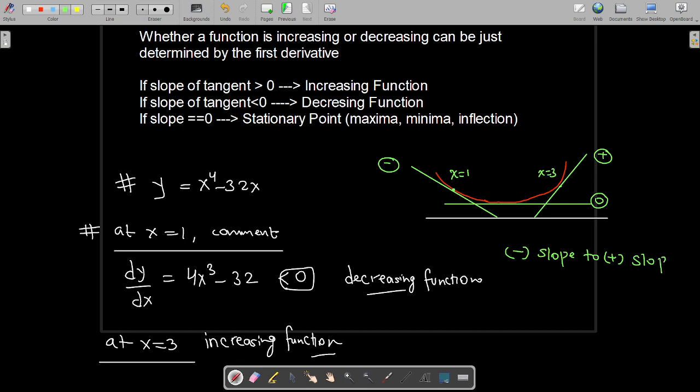Then it's a minima. That's another way to find it out. And if it goes from positive slope to negative slope, then it's a maximum. That's what the book is using as of now.